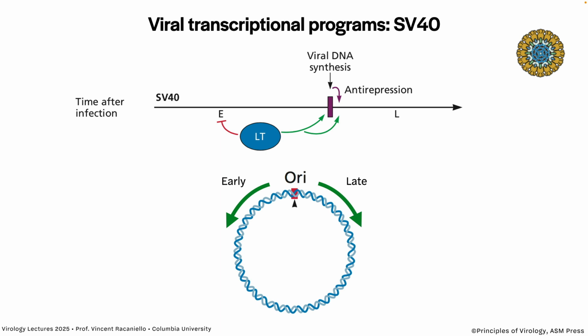T antigen has many functions, as you will see, one of which is to turn on DNA synthesis. And so when enough T antigen is made, it's going to turn on viral DNA synthesis, and that is in turn going to turn on the late promoter so that you can get the late proteins made.